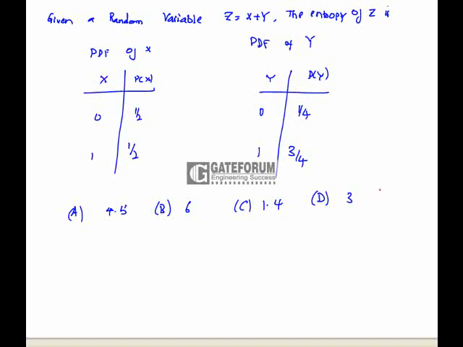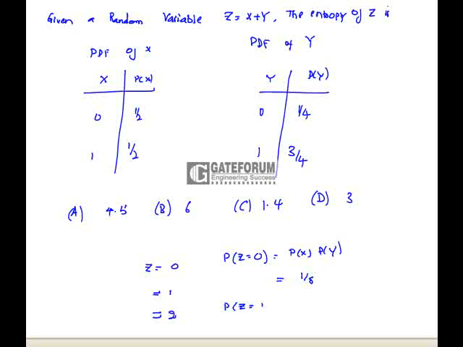A random variable Z is equal to X plus Y. The PDF of X is given as well as the PDF of Y is given. So X can take 0 or 1 and Y can take 0 or 1. So the values taken by Z are either 0, 1, or 2. The probability of Z equals 0 happens when both are 0, that is probability of X into probability of Y, which is 1 by 8.